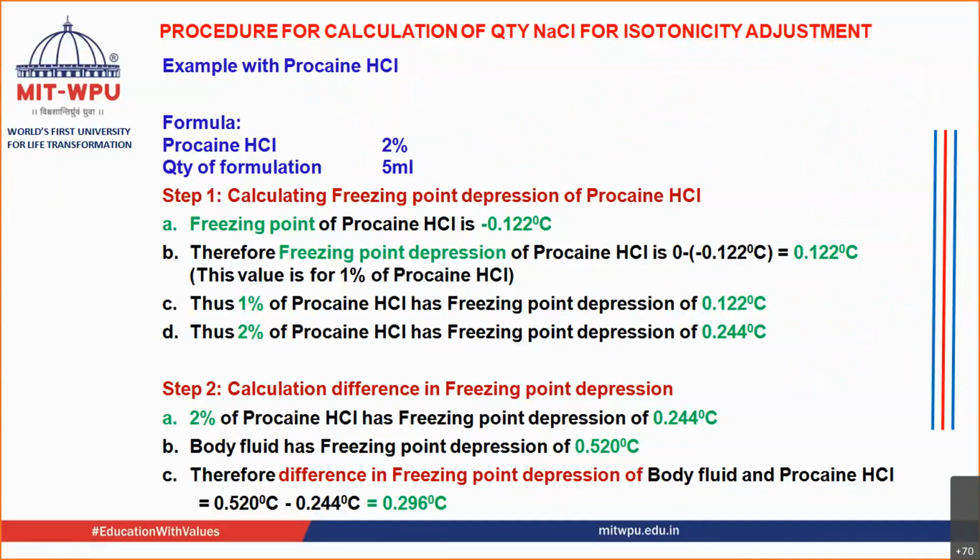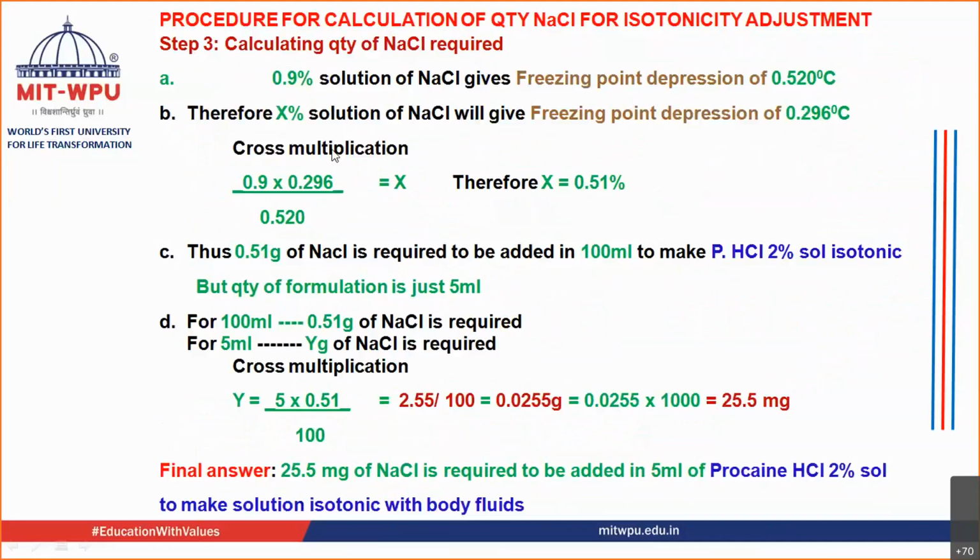So just to go through the last part once again, you have already found out the freezing point depression. Okay, now a 0.9% solution of NaCl gives a freezing point depression of 0.520. This is the standard sentence.